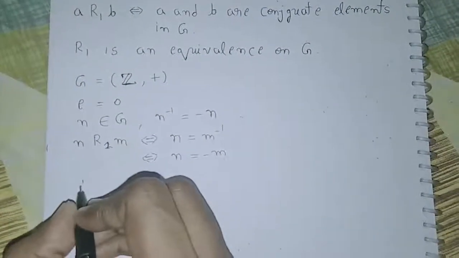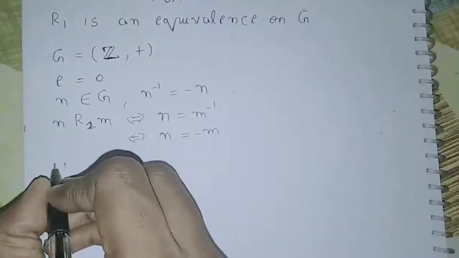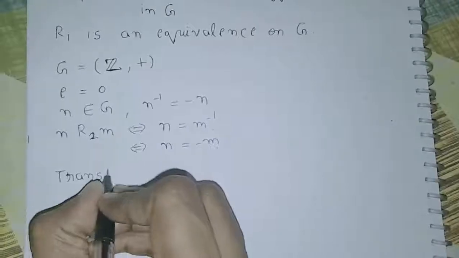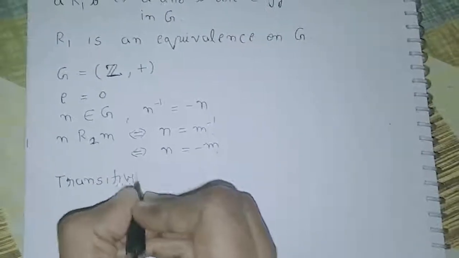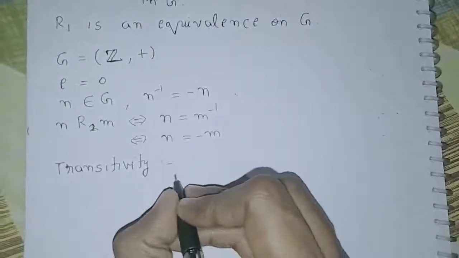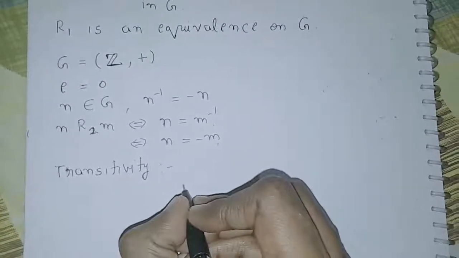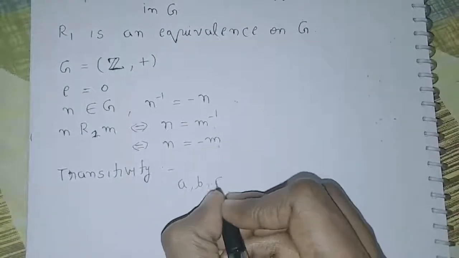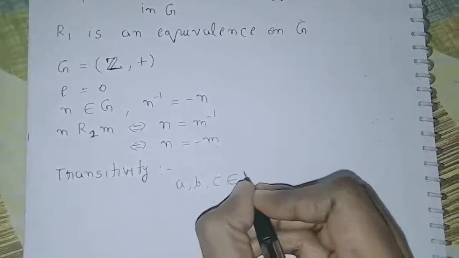But now we look at the transitivity property. Let A, B and C be any integers.